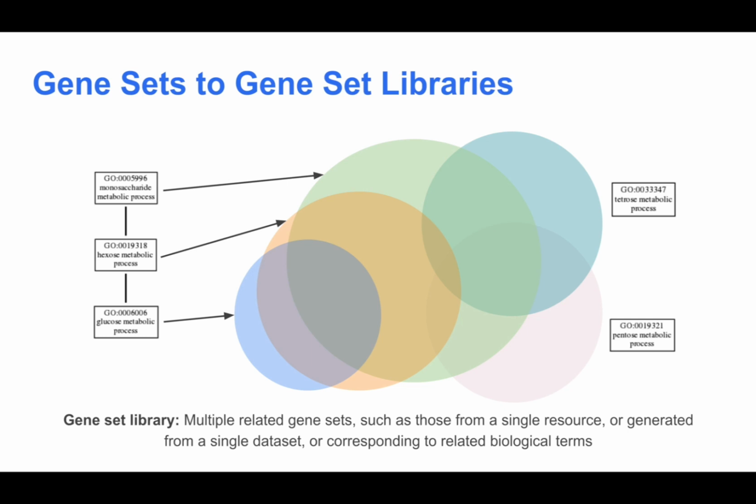You can see our gene set from the last slide that corresponds to the GO term for glucose metabolism in the blue down in the bottom left corner, and then some of its quote unquote parent gene sets and other related gene sets. It's important to know that some gene sets may be subsets of other gene sets, some may just overlap, and some are completely discrete from each other.